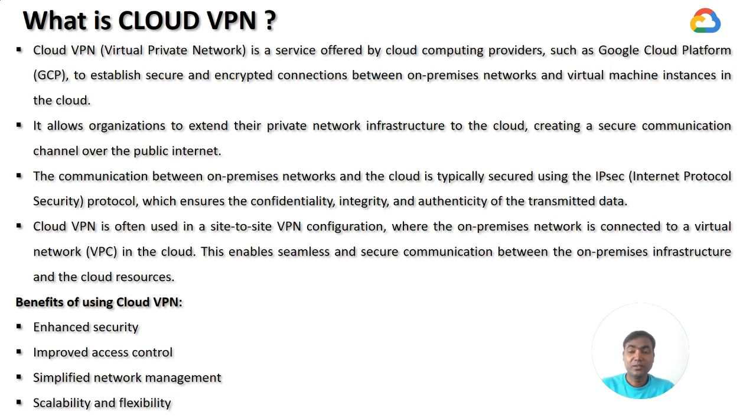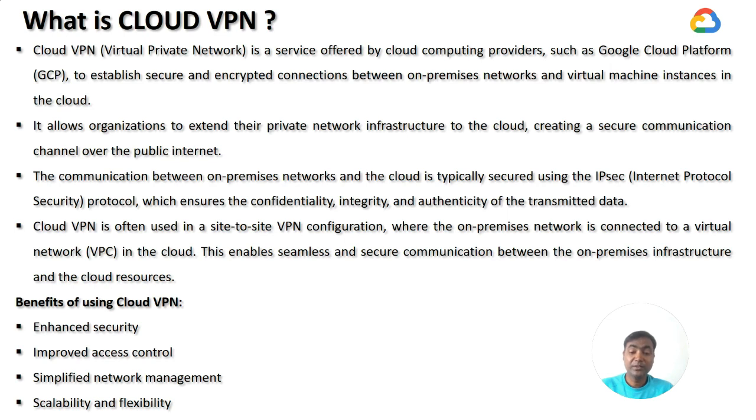Site-to-site VPN. You know guys, Cloud VPN is often used in a site-to-site VPN configuration where the on-premises network is connected to the virtual network in the cloud. This enables seamless and secure communication between the on-premises infrastructure and the cloud resources. Cloud VPN supports the configuration of multiple redundant tunnels between the on-premises network and the cloud.